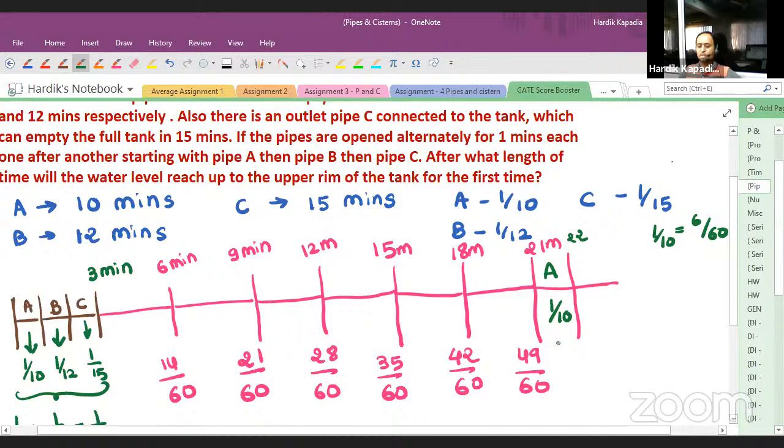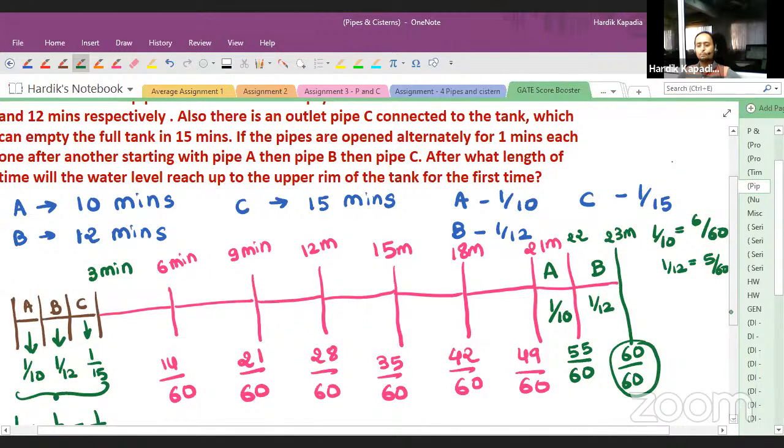So we add 6/60 to 49/60 and get 55/60. Now it's B's turn, at 23 minutes, and it's 1/12. We can write 1/12 as 5/60. So 55/60 plus 5/60 is 60/60. So now the tank has filled.